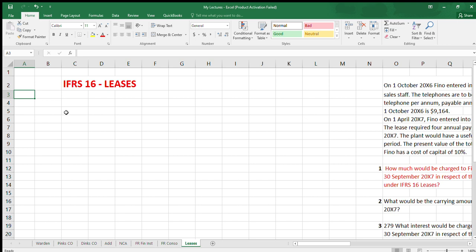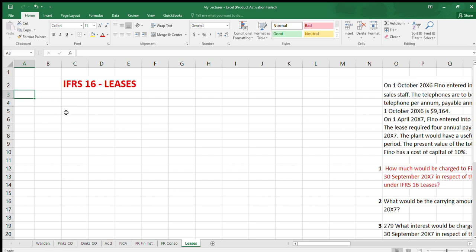So I'm here to show you how to account for leases, IFRS 16, and it is very simple and straightforward. Now when we talk of a lease, what do we mean by a lease?